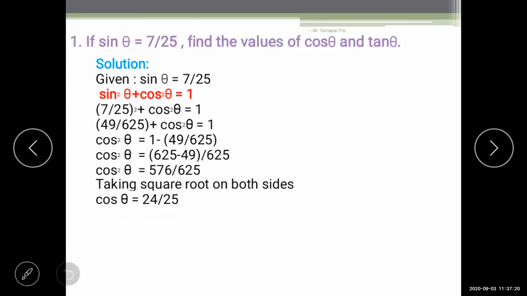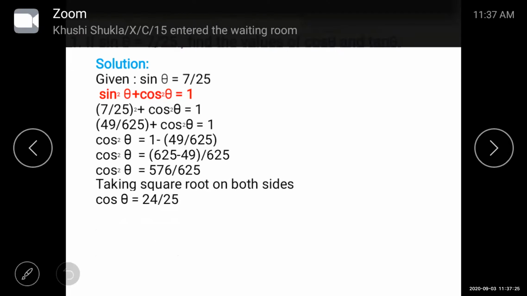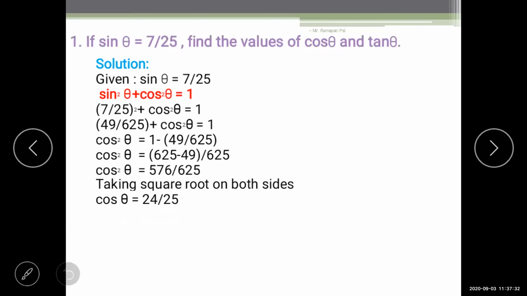Suppose we want to find out tan theta now. What do we have to find out? Tan theta. So we know that tan theta is equal to sin theta upon cos theta. So sin theta is what? 7 upon 25. Cos theta is what? 24 upon 25. So 7 upon 25 divided by 24 upon 25.